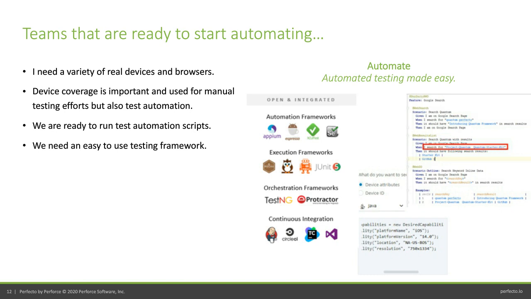But the important part is, if you are in the first category where you say, hey, we need help, how do I get started? Perfecto also provides the Quantum framework that can get you started testing both browser-based as well as mobile-based tests. So if you, for example, want to write a single BDD test case or script that opens up the app on a browser, opens up the browser on a phone, or opens up the app on the real device, you could do that, and the Quantum framework allows you to do that very, very quickly.